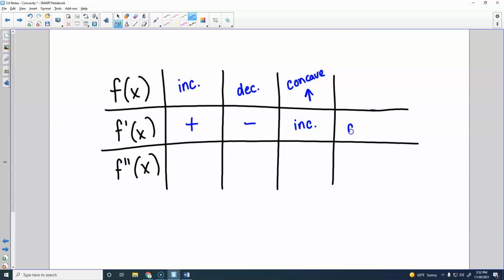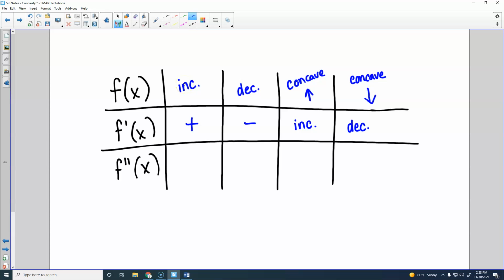And if f prime of x is decreasing, f of x is concave down. If f prime is positive, all that tells us is that our function is increasing.